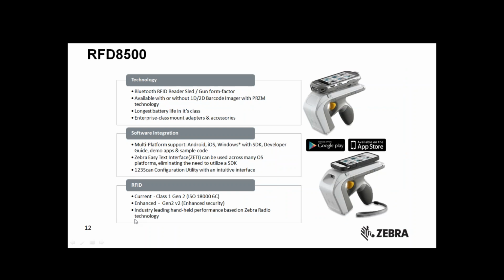Now, I talked about the RFID 8500. This is one of the latest additions into our portfolio from the RFID side of things, and this is essentially a two-piece solution. The sled, or essentially this unit, combines with the device via Bluetooth.